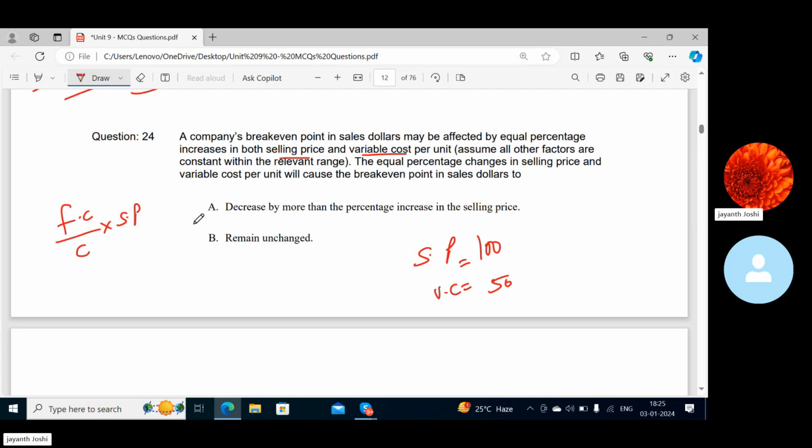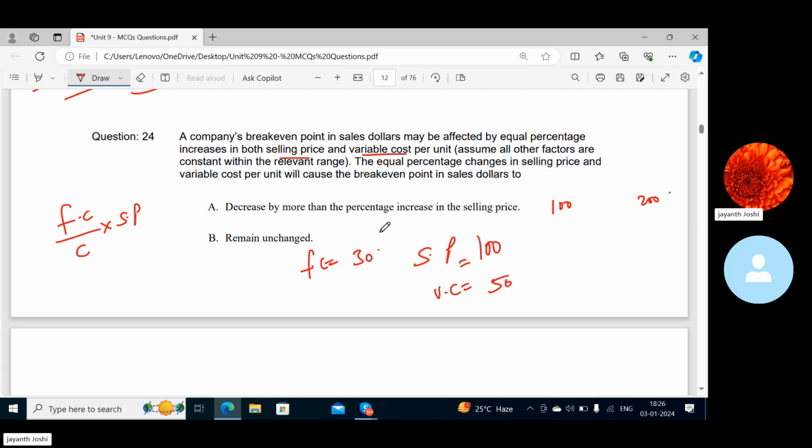See, what happens is, if you are making 100 units, and if you are making 200 units, the company's break-even point in sales dollars may be... let's take fixed cost as 30.